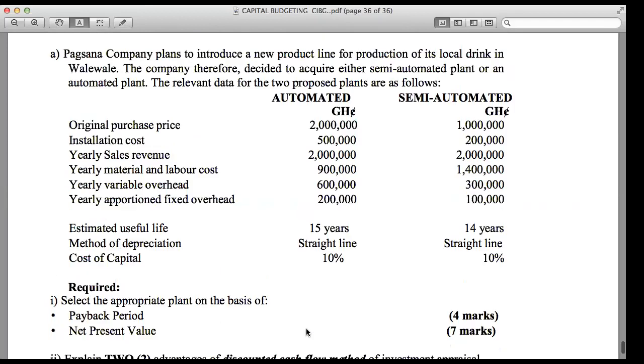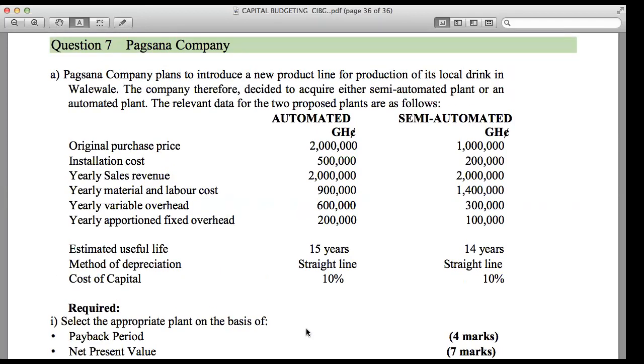The company plans to introduce a new product line for production of local drinks in Wale Wale. The company therefore decided to acquire either a semi-automated plant or an automated plant. The relevant data for the two proposed plants are as follows.